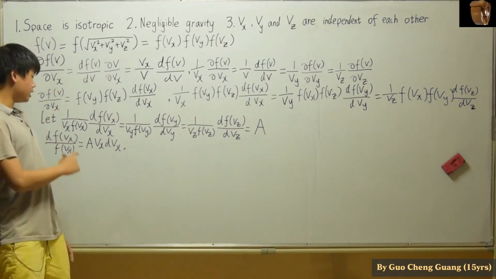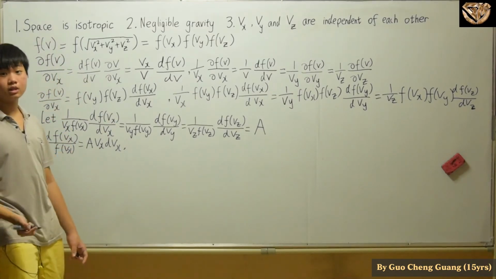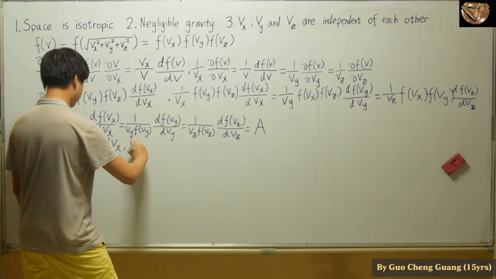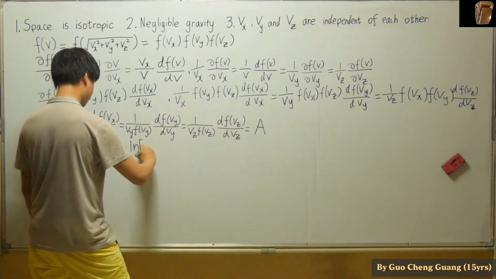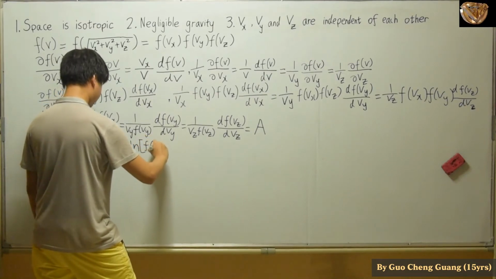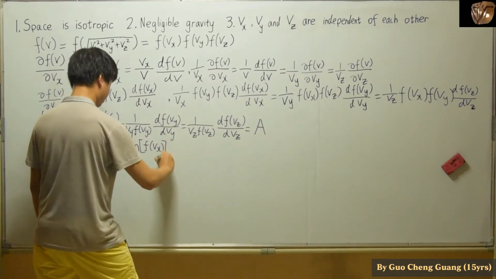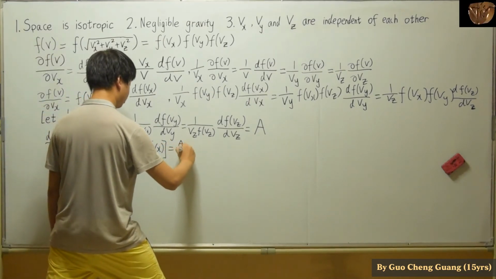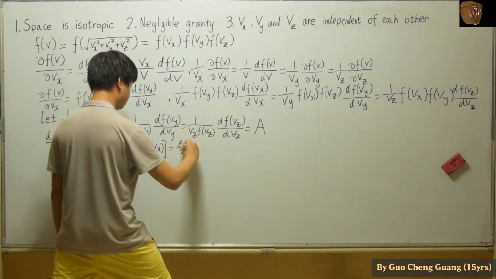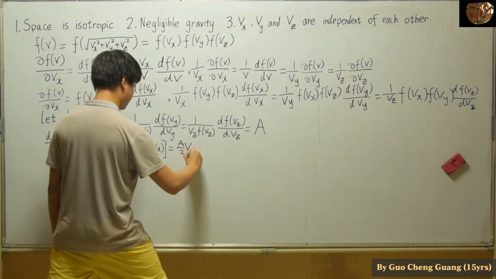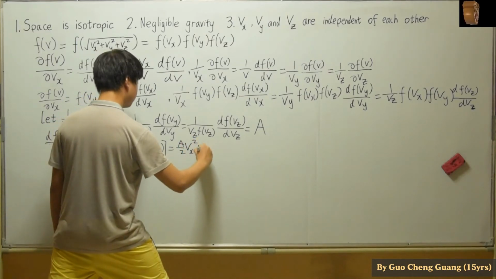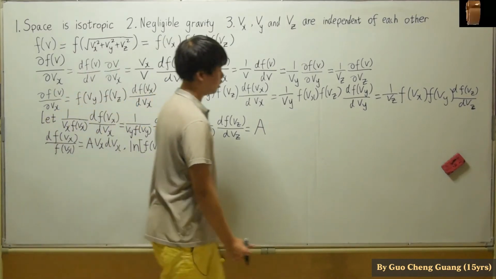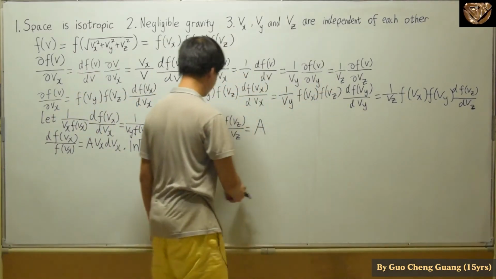What do you do here? You would integrate both sides. So when you integrate both sides, you're going to see ln f(Vx) on the left side, and on the right side you're going to have a over 2 Vx squared plus c, or plus v or whatever you want. Of course you can choose to use different things, alright?